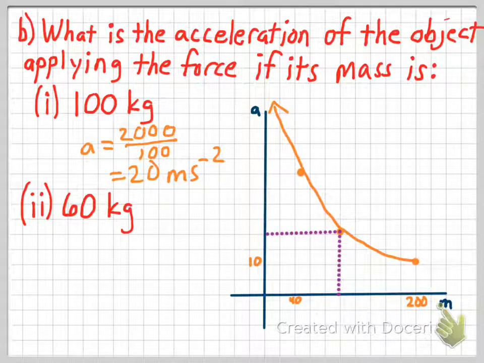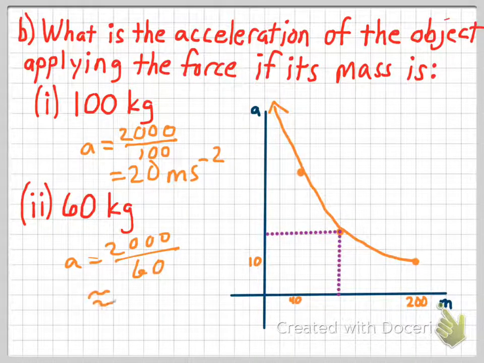Now by plugging in 60 in place of m in your function, you get 2,000 divided by 60, which is about 33.3 if you round it to three significant figures. 33.3 meters per second squared. And you would have gotten a similar number, probably not quite so accurate, if you had used the graph like this.